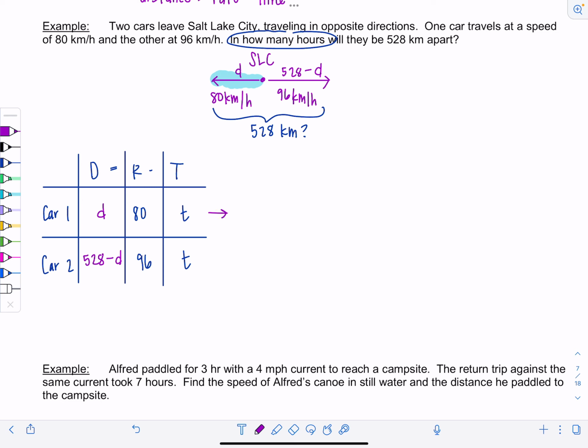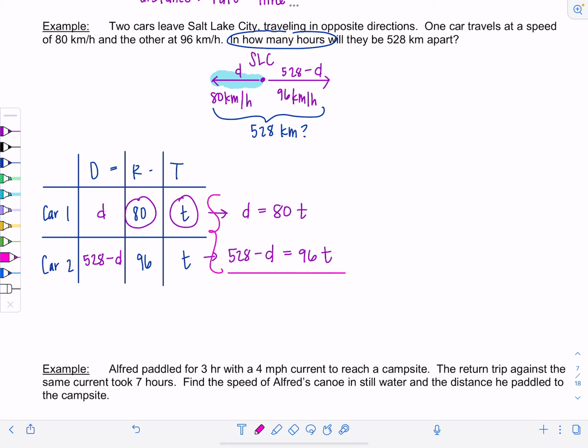So what do I mean? I mean for the first row, I could write distance equals 80 times t. And then the second row gives me the equation 528 minus d equals 96 times t. Okay. Now we have a system of 2 equations, 2 variables. Do you see it? And so we can solve if I add these 2 equations together.